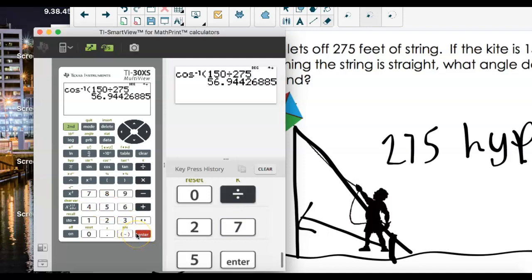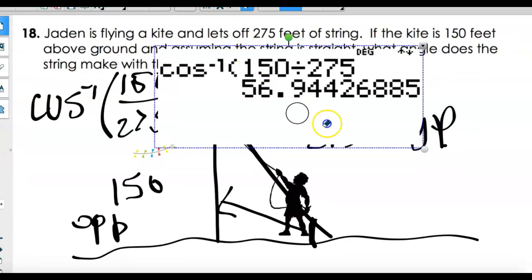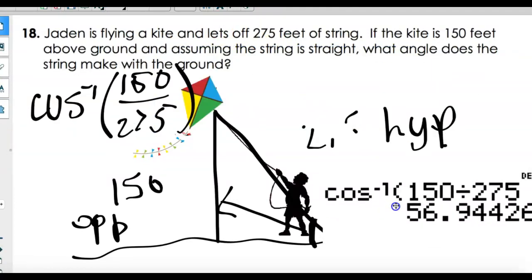So it's making about a 57-degree angle. And we'll just round to the nearest whole number, so it's making a 57-degree angle.